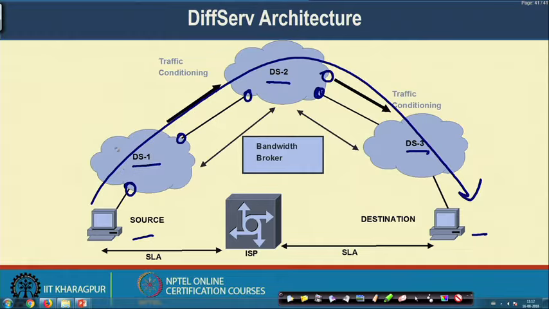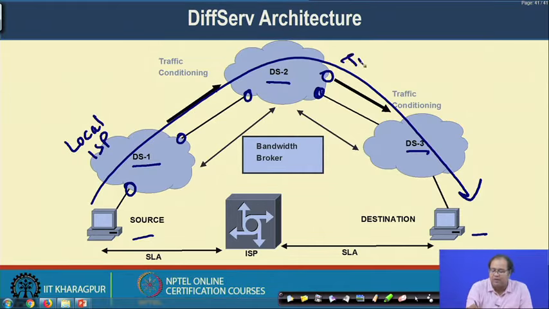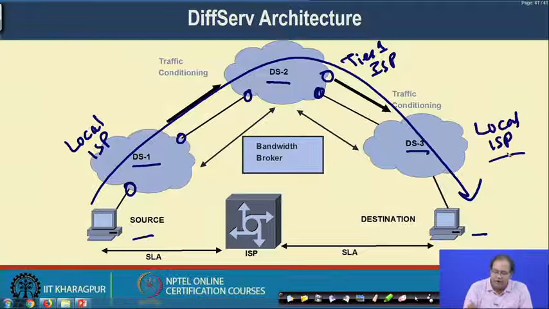So, it may happen that this is a local ISP, this is say a tier 1 ISP, and this is again a local ISP. Now, whenever the packet is going through this tier 1 ISP, this DiffServ domain looks into what my end-to-end service level agreement is and how much service the packet from this source has already received.